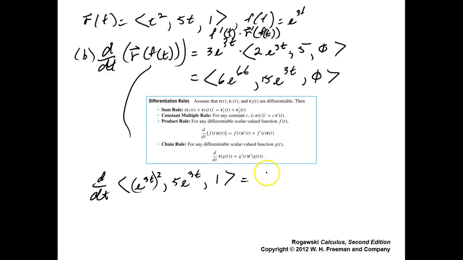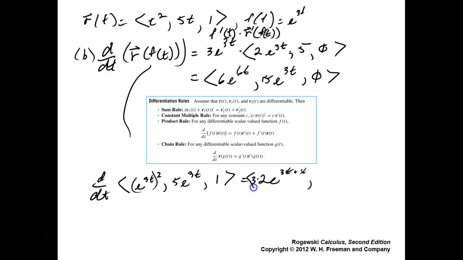This would be 2e to the 3t times 3e to the 3t, so that would be, add another 3t here. I mean, it's messy, but it's still doable.